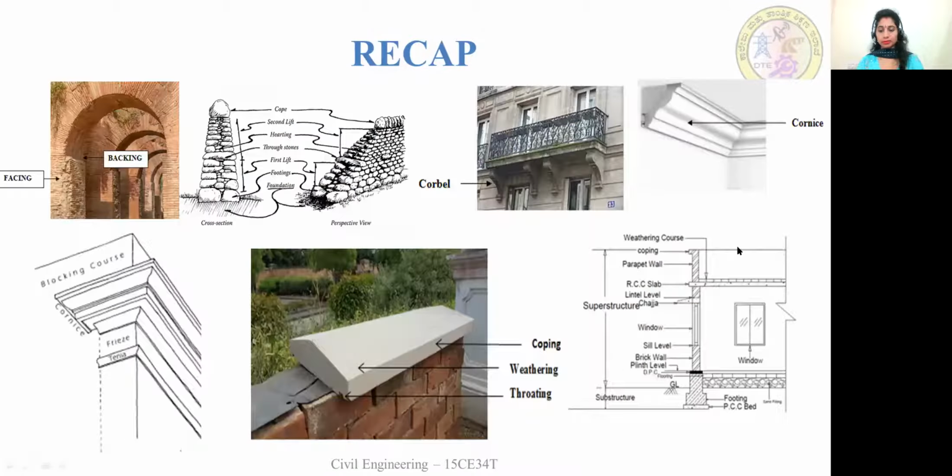Next, we have studied some of the terms in stone masonry. Let us go one by one in brief. We have seen facing and backing of the wall. In this picture, the face which is exposed to the weather is known as facing, and the material used for the face is also known as facing.